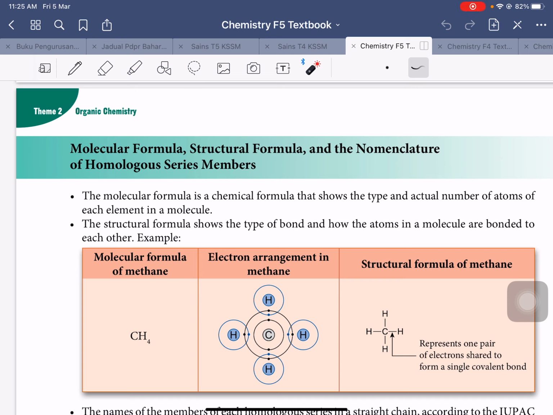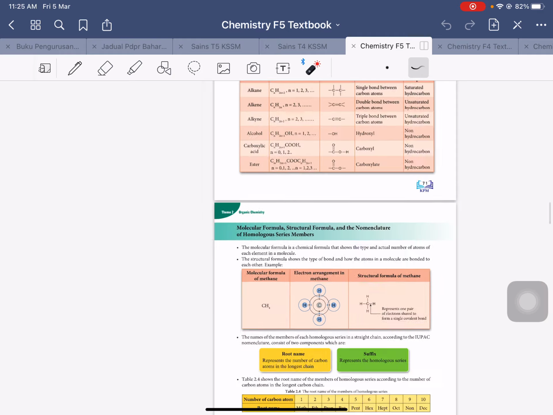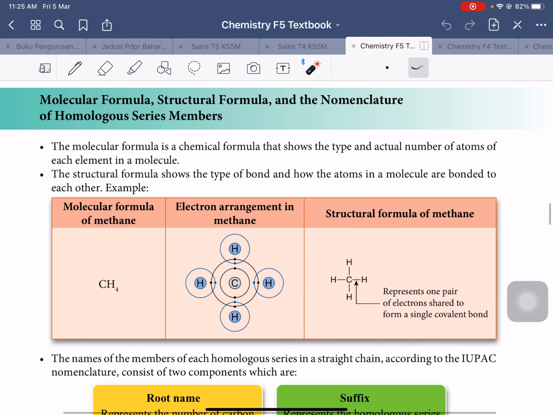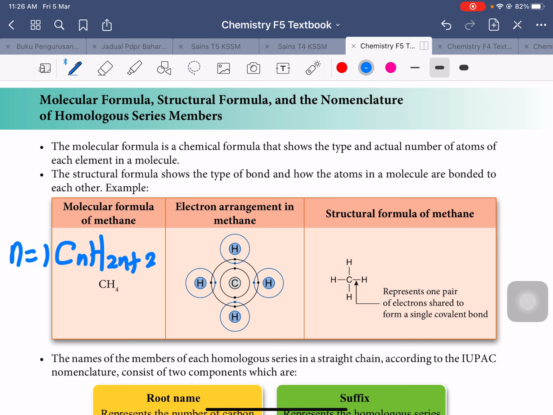The first one: molecular formula, structural formula, and nomenclature. Macam mana mau tahu dia punya molecular formula? The molecular formula is the chemical formula. The molecular formula for methane is CH4. How to get methane CH4 is actually from the general formula CnH2n+2.